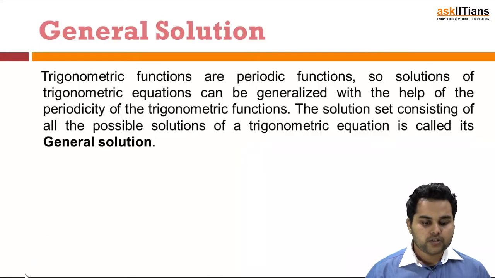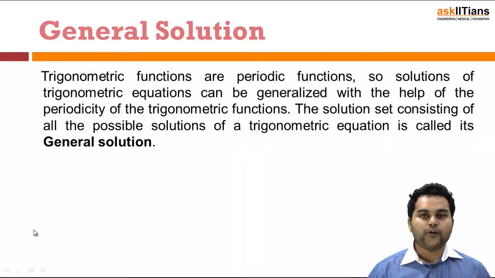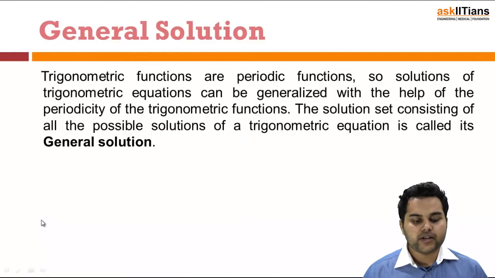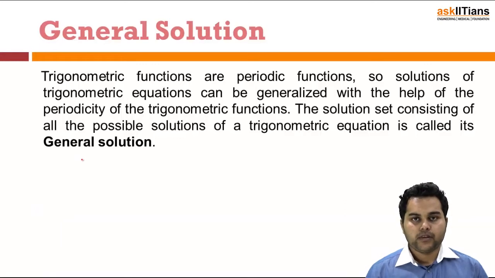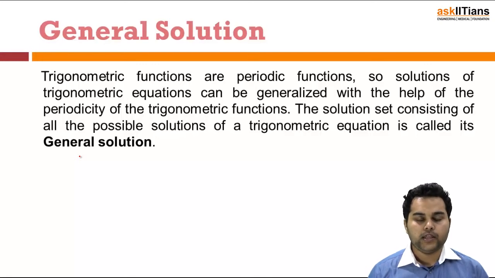Now basically general solution, if I say, is a set of all the solutions that a trigonometric equation would be satisfied by. That is, the particular values of x that would be satisfying the equation would be lying in a set, and those values would be periodic in nature because of the trigonometric ratios itself being periodic in the first circle and second circle and so on.